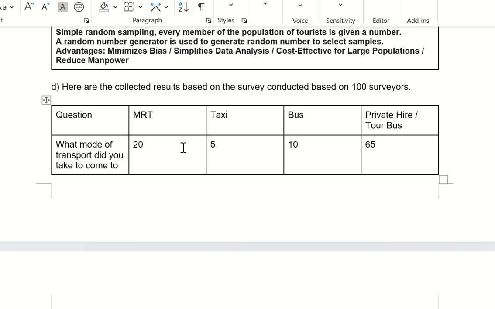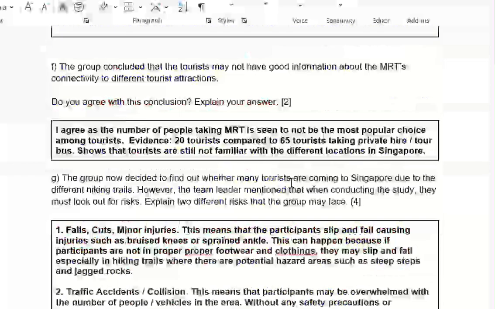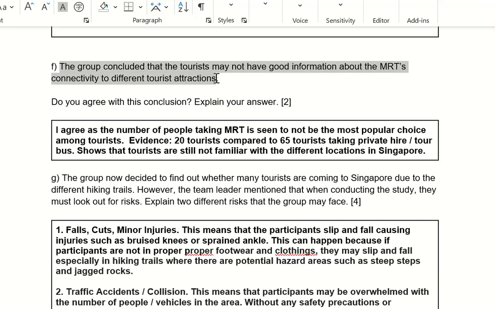So MRT is still way lower compared to the tour bus. Tour bus numbers are way ahead. So from here, I can agree that the group's conclusion is valid.